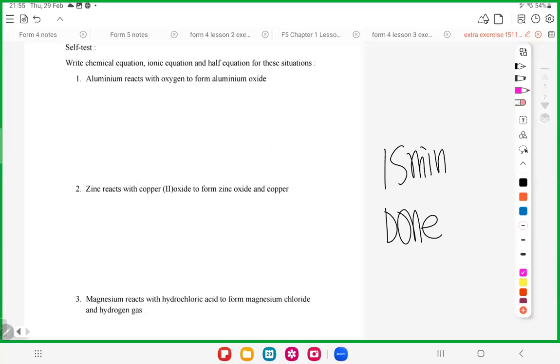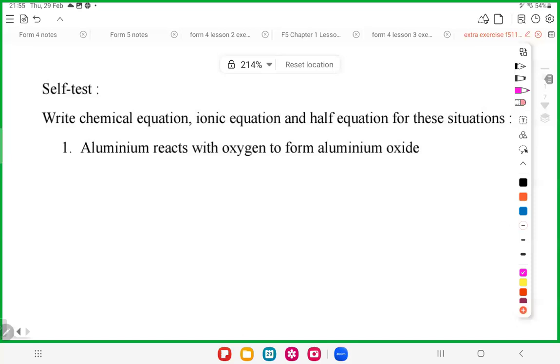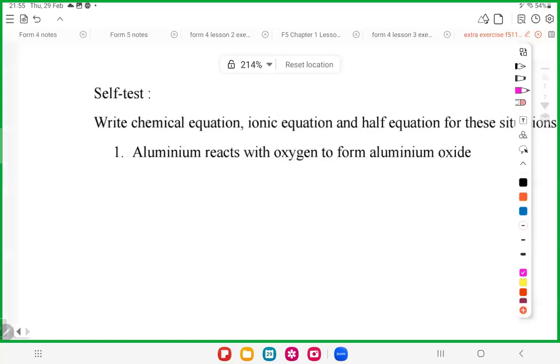Okay, let us discuss how to do this. First and foremost, let's try to write this chemical equation together. Aluminium, what's the formula? Al. Aluminium react with oxygen. Oxygen is a gas. Even though they never put the word gas here, you all should know. Oxygen confirm is a gas. So O2 lah.